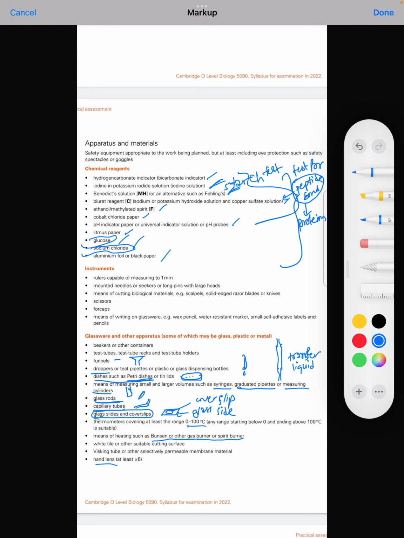Okay, by the way, this is another type of pH indicator, this one. That's why it's there. I didn't mention that. Hydrogen carbonate indicator or bicarbonate indicator, that is basically another type of pH indicator which is very sensitive. Okay. Very sensitive. It can show you a range of colors for a range of pH.